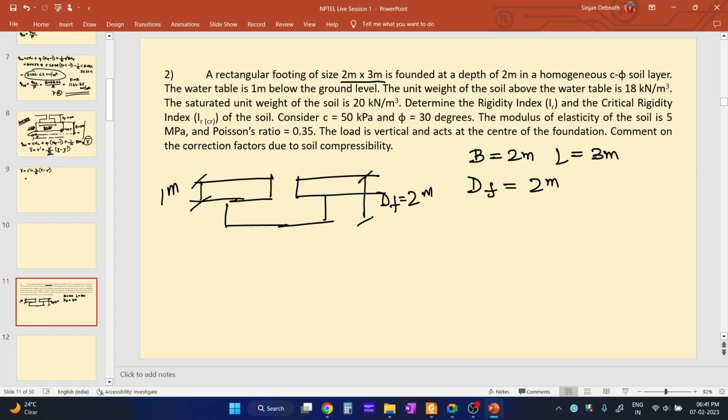The unit weight of soil above the water table, meaning this part, gamma is 18 kilonewton per meter cube. The saturated unit weight of soil is 20 kilonewton per meter cube.